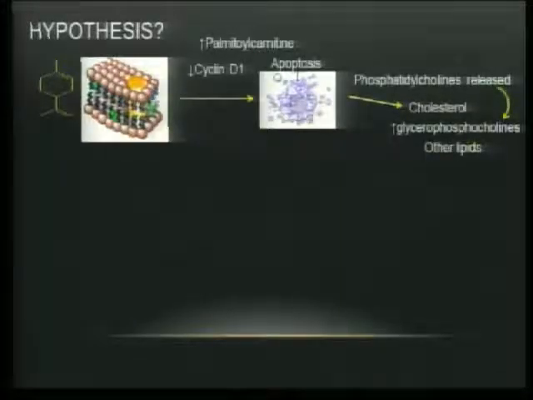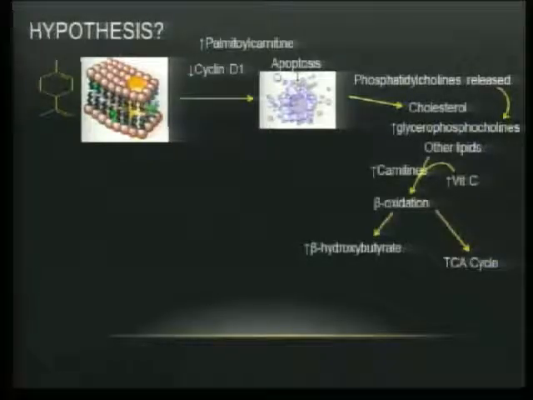Apoptosis would release phosphatidylcholines, which are metabolized to glycerylphosphocholine, and then we also get cholesterol and other lipids in circulation. We need to induce carnitines in order to transport these fats into the mitochondria to undergo beta oxidation. Vitamin C is a cofactor for this process, and we saw an increase in vitamin C.